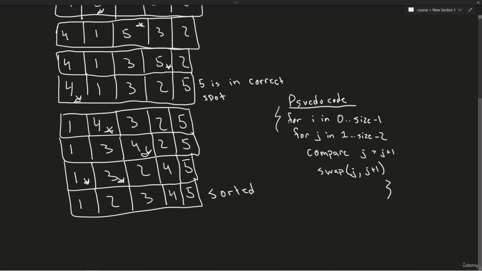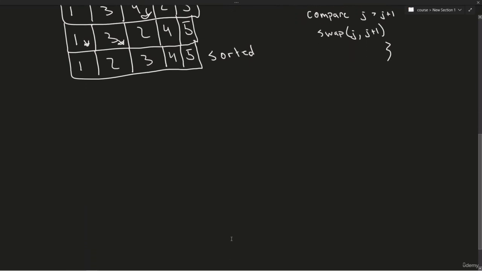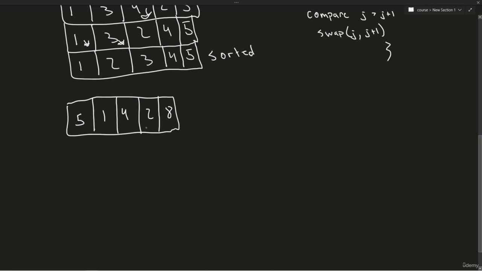So let's do one more example. That way we make sure that we have a good understanding of how this algorithm works, now that we know what the pseudocode is. We will do an array of values of 5, 1, 4, 2, and 8. So this is our unsorted vector of values.